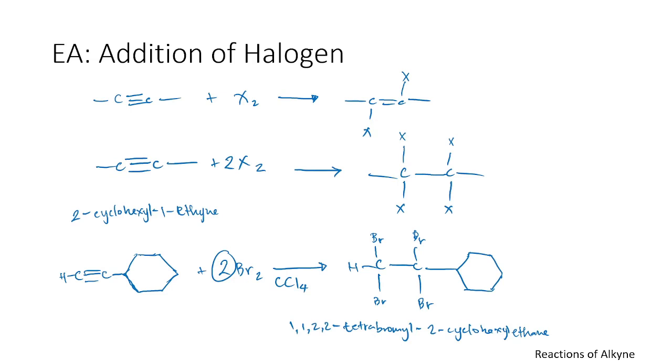So, we will just review that in class when we get to the alkyl halides. So, that is our electrophilic addition involving addition of halogen.